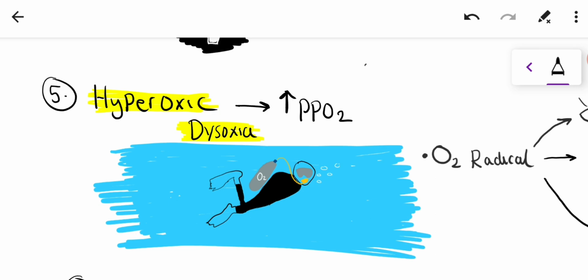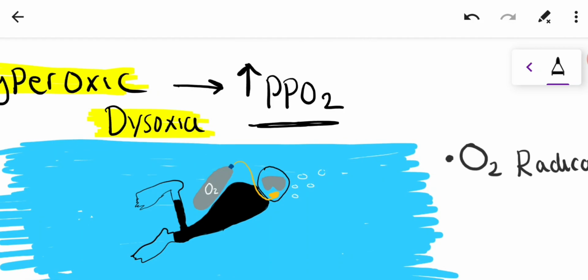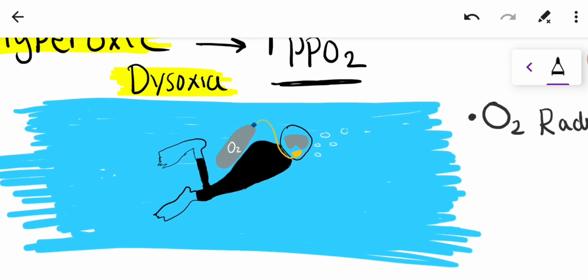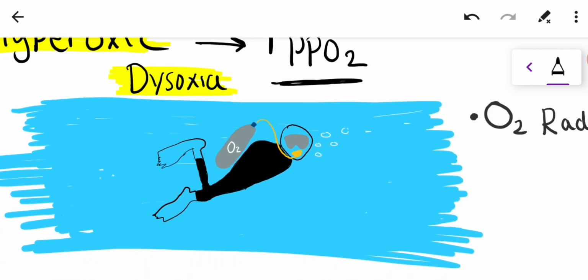All right, hyperoxic dysoxia. So this is not a type of hypoxia, but it's something you need to know. Hyperoxic dysoxia. We have an increase in oxygen in our blood. All right, increased partial pressure. Why? One thing that comes to mind is deep sea divers.